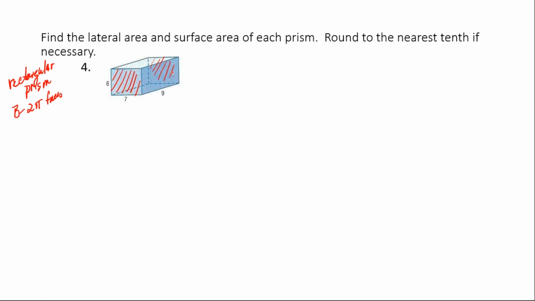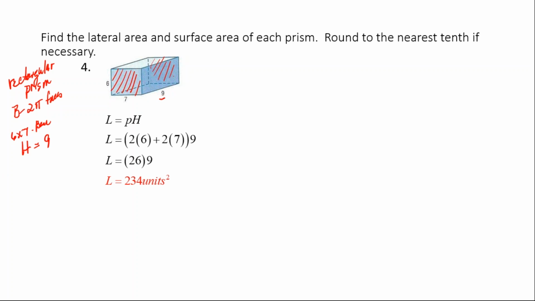If I use those two, the 6 by 7 as my base, the height is right here. The distance between there, the height would be 9. And remember, I need the perimeter times the height. And there's my perimeter. There's my height.